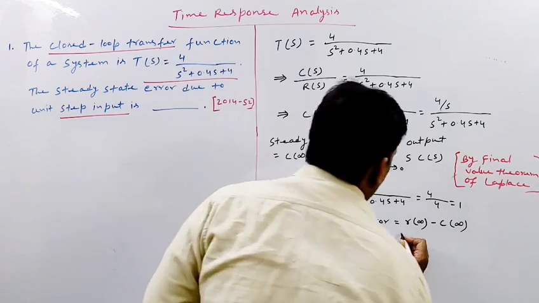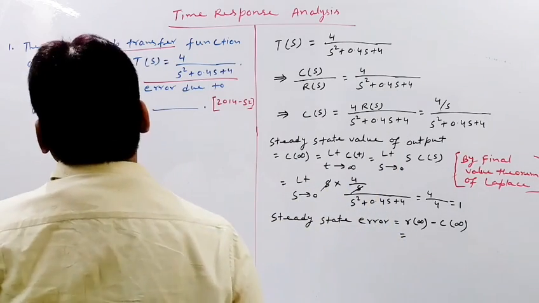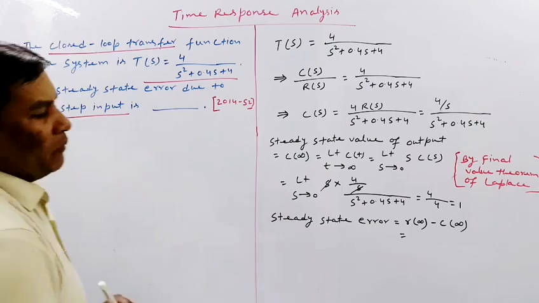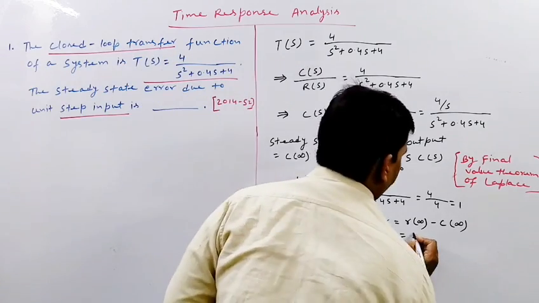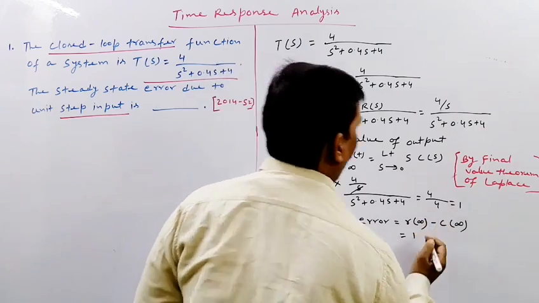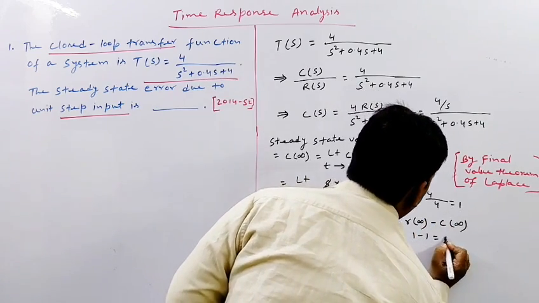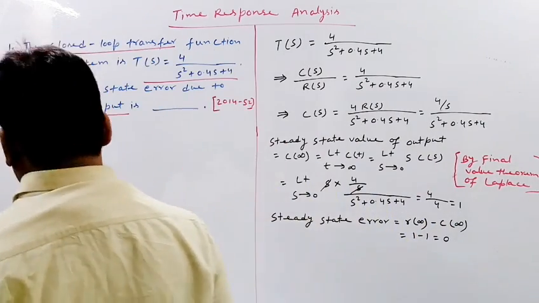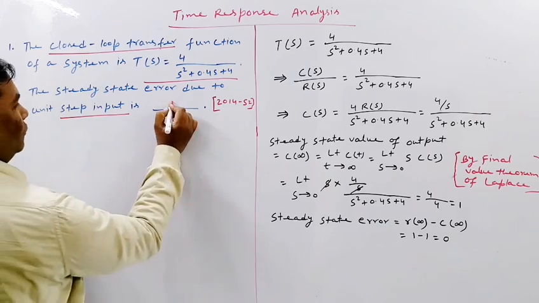So since input is unit step input, its value will always be equal to 1. And the value of output at t equal to infinity is also 1. So error will be 0. So here the value should be 0.